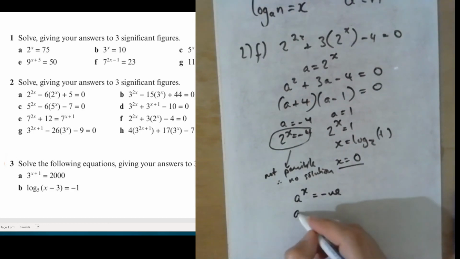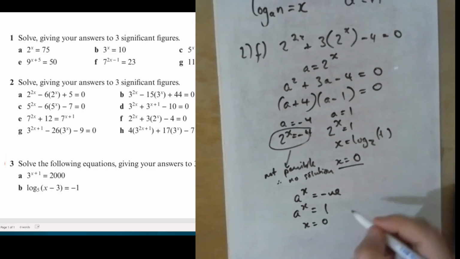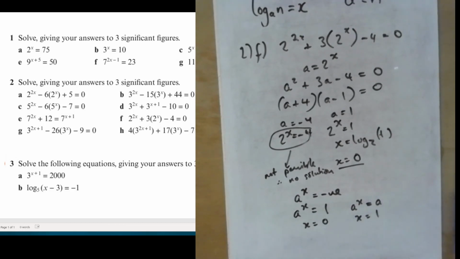And if I have a to the power of x equals 1, then I know x is going to equal 0. Does that make sense? It's a bit like if I say a to the power of x equals a, then I know x is going to be 1. These are just those little patterns that you start picking up once you start doing them.